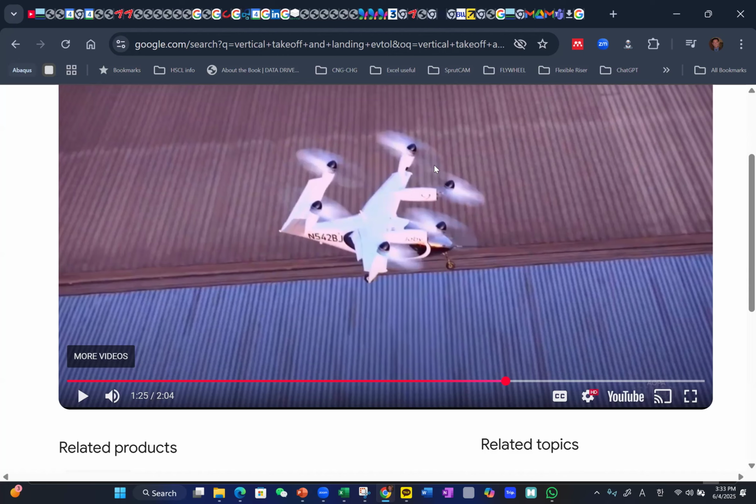One is the vertical, and the other one is the forward. So since the direction of a propeller can be moved, depending on the flying conditions, we can change the direction. This is a very important technology.